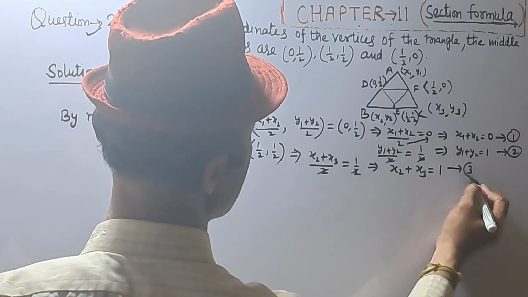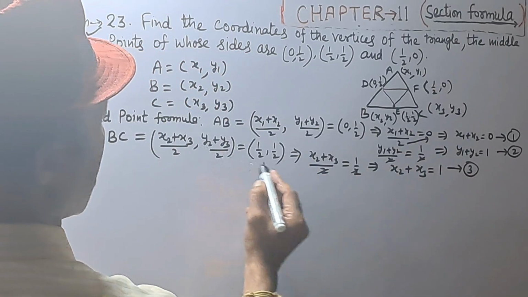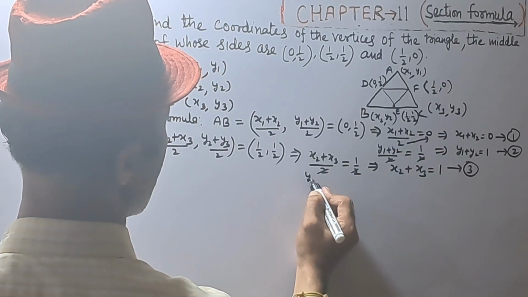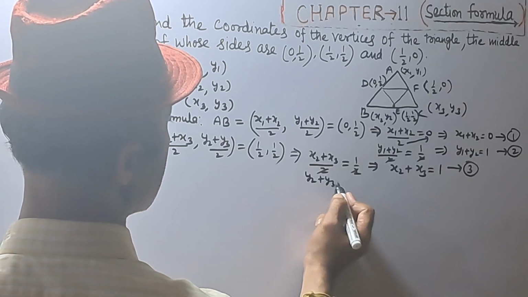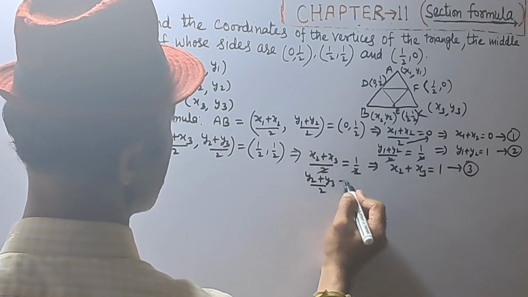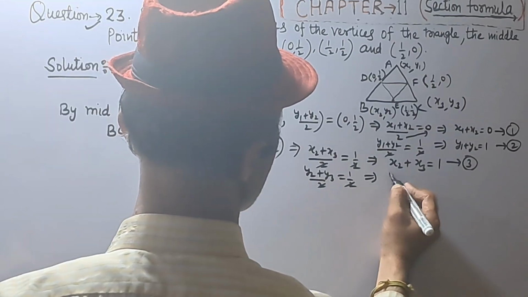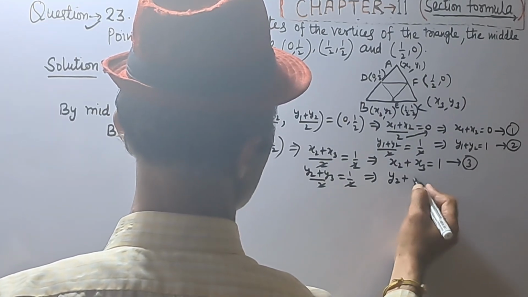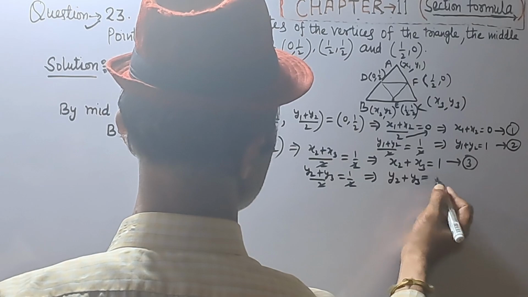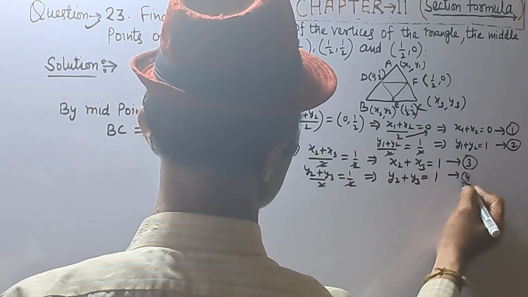It's equation number third. And (y2 plus y3) upon 2 is equal to 1 by 2, 2 is cancelled, y2 plus y3 is equal to 1. It's equation number 4.